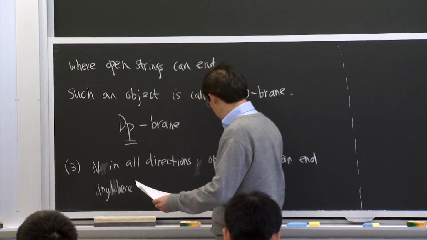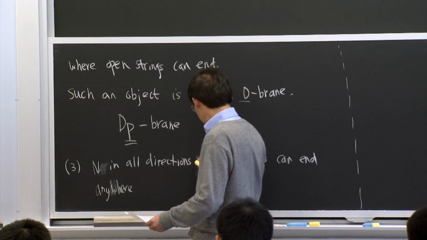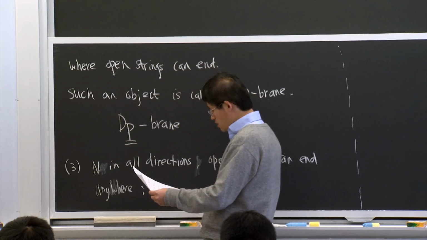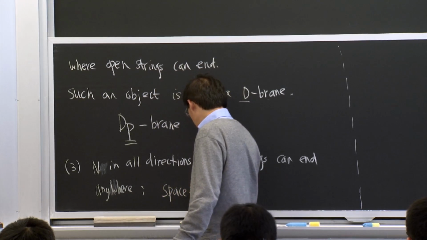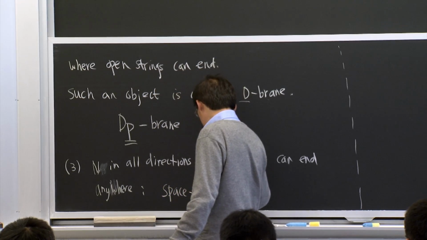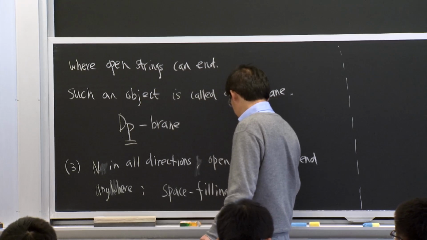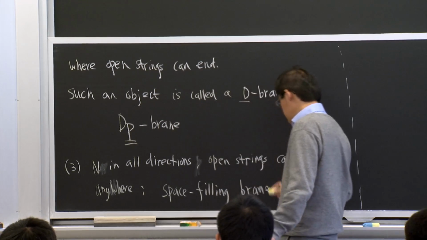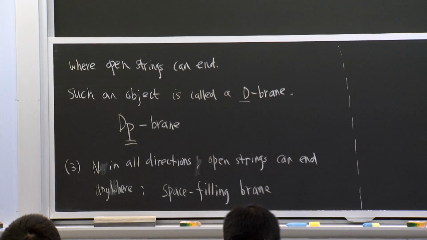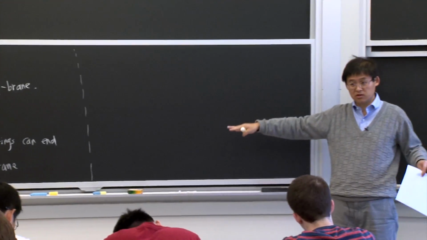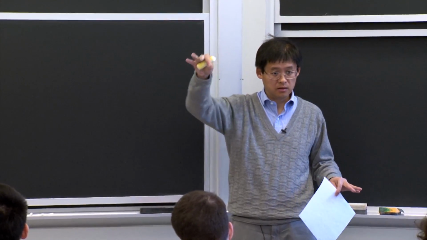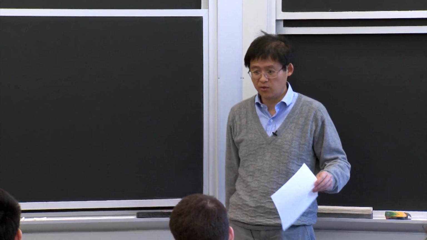From this new perspective, we call this a space-filling brane. Okay. So the Neumann boundary condition we considered before should be considered as actually filling the whole space-time with such a brane, and then the string can in principle move anywhere.